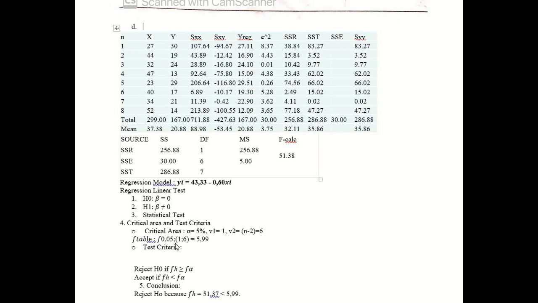For the critical area, alpha is 5%, V1 is 1, and V2 is n minus 2, which is 8 minus 2 equals 6. From the F table, F 0.05, 1, 6 equals 5.99.